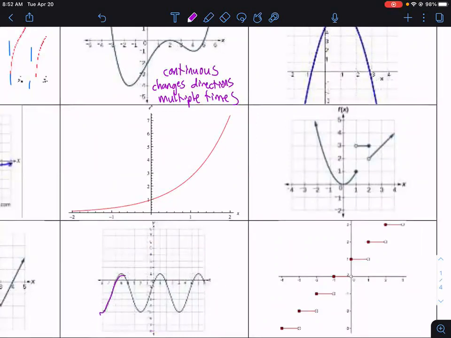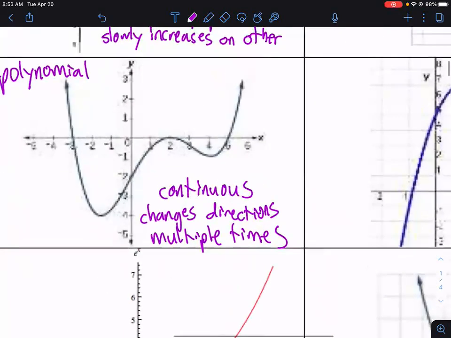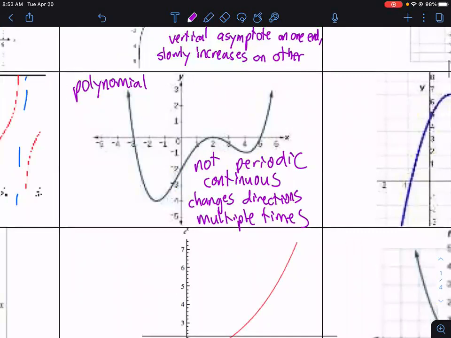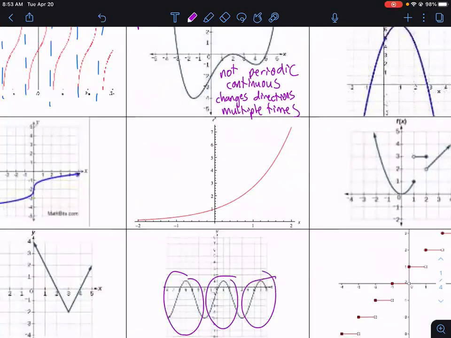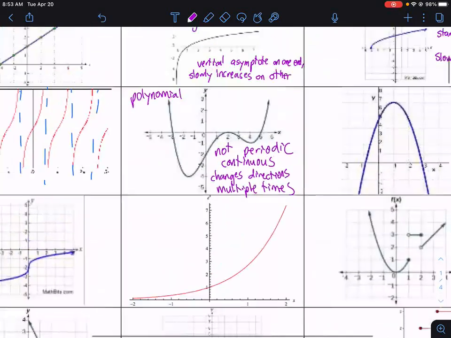It's continuous and it changes direction multiple times. So maybe I should add another description: not periodic. It does not repeat in the same pattern over and over. This one repeats in the same pattern over and over. This one doesn't.